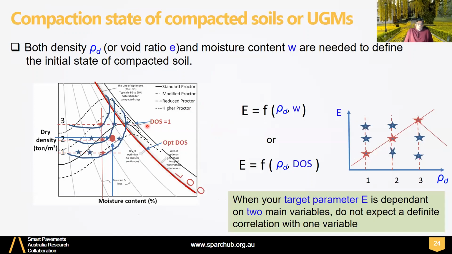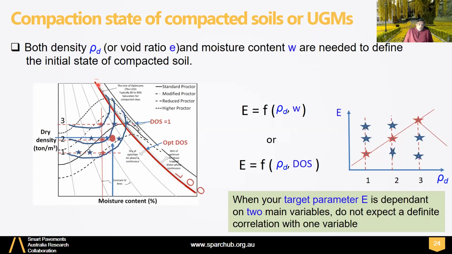Now that's CBR, but if you go to any other stiffness measurement such as LFWD, we don't have results at this stage, but I am inferring results based on our experience. What you are seeing here are the contours in the dry density moisture content frame.